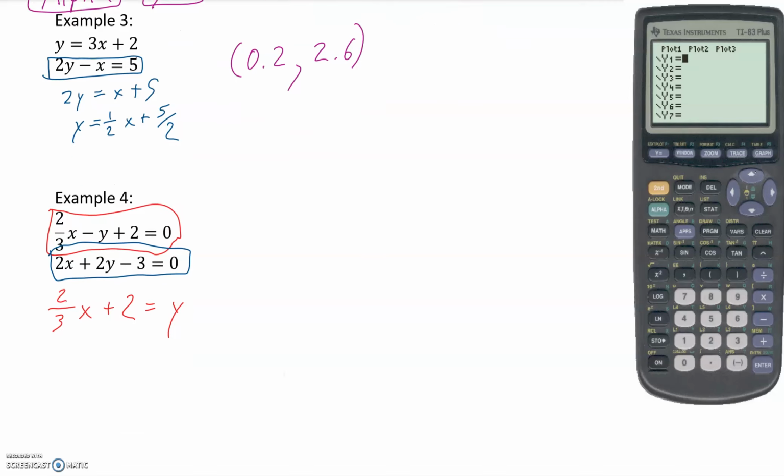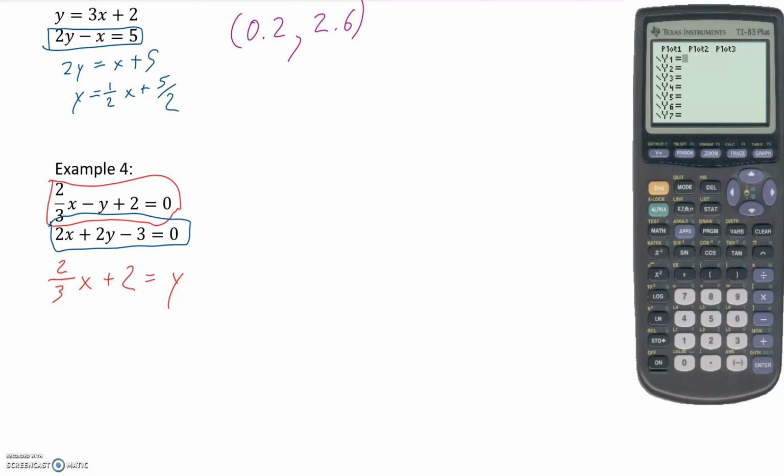The second equation in blue, we are going to have to do a little bit more. So because y is already positive, I'm going to move everything else over instead of moving the y over. So it's going to be 2y equals negative 2x plus 3. Then I'm going to move the 2 over, so it's going to be negative x plus 3 over 2.